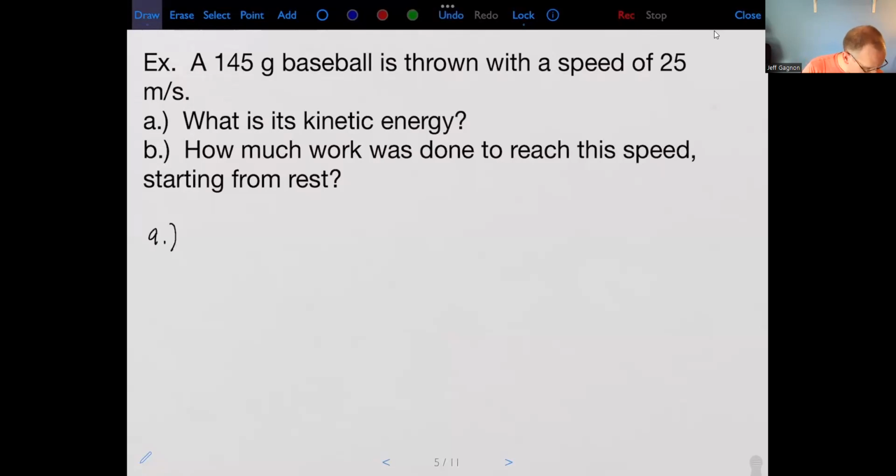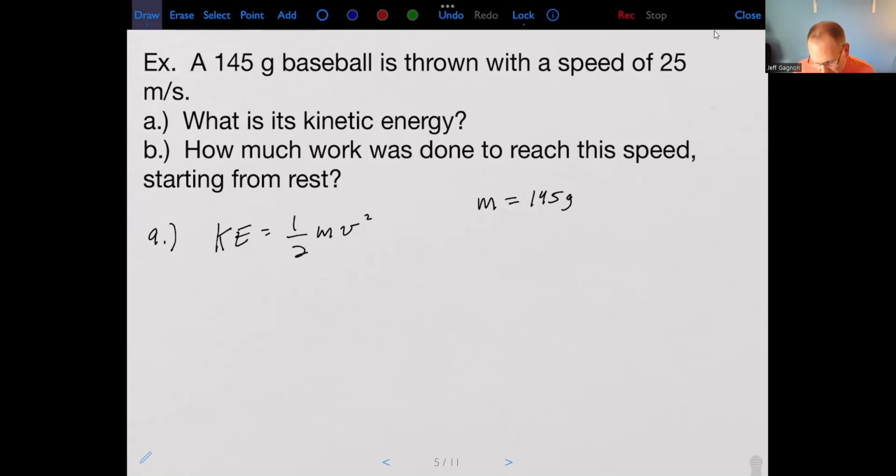We know in general the formula for kinetic energy, K or KE, is equal to 1/2 mv squared. I know the mass, it's given as 145 grams, but I have to be careful. If I want my kinetic energy in SI units, in joules, then I have to convert the mass from grams to kilograms.